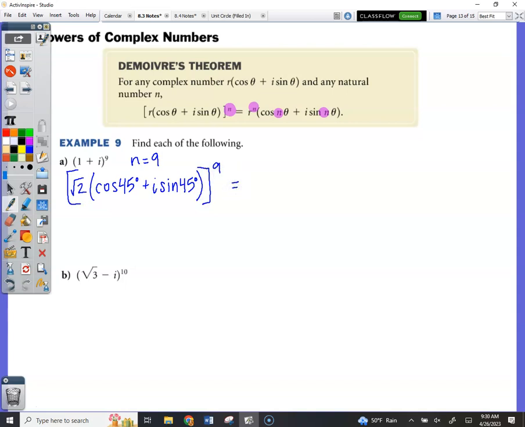I would apply the right side of the formula, which says take r, raise it to that power, then write cosine the power times the angle plus i sine the power times the angle. I'll let you go. I'll finish it.